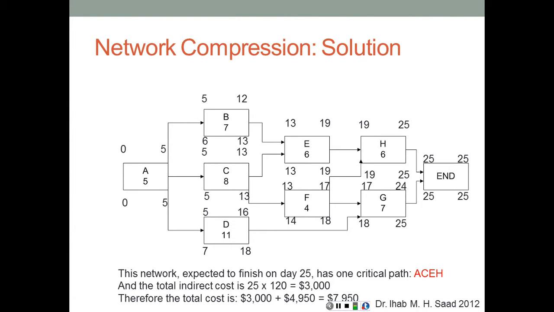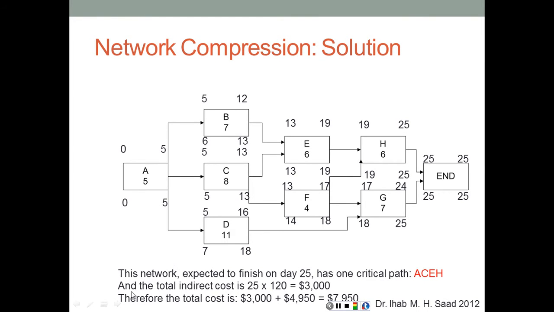It shows the early start for activity A is 0, duration 5 days, so the early finish is 5, and so on. So it's a very simple calculation of the network time, which shows that this project is going to end on day 25. Therefore, this network, expected to finish on day 25, has one critical path, which is going to be A, C, E, H, as it appears from the identical numbers on the early and late sides.